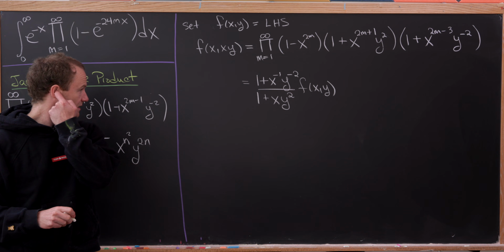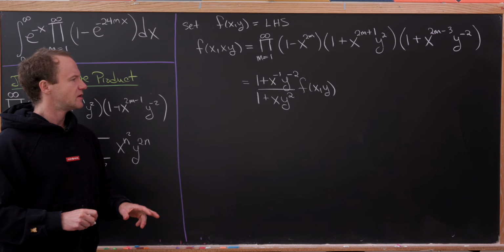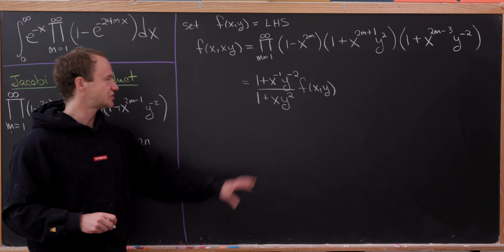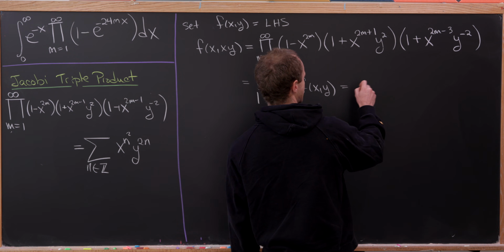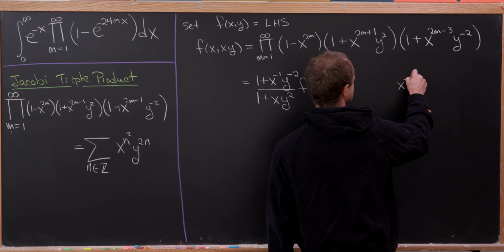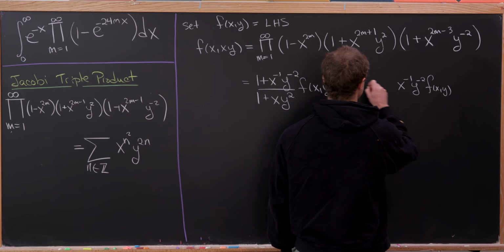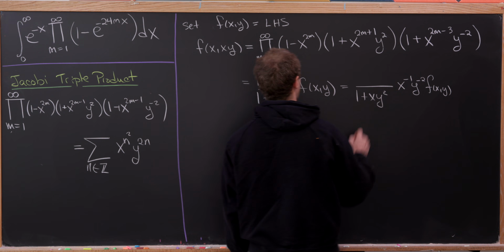Okay, nice. But now what I'm going to do from here is perhaps factor out an x to the minus 1, y to the minus 2 from this numerator. So let's see what that leaves us with. So I'm just going to write that over here real quick. x to the minus 1, y to the minus 2, f of x, y. And then my denominator is the same. We have 1 plus xy squared.